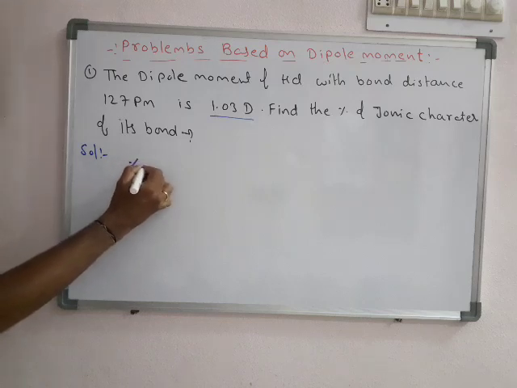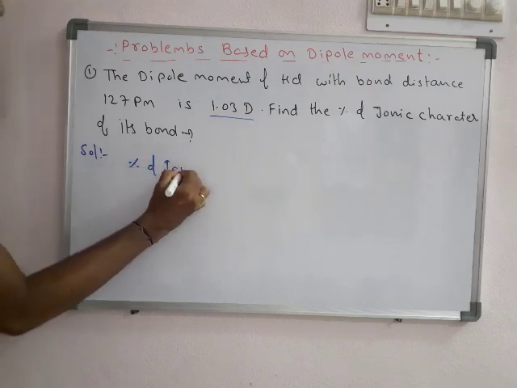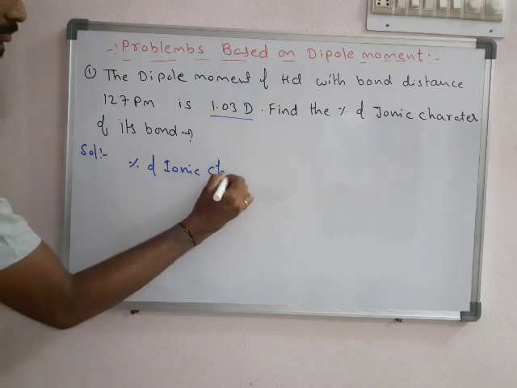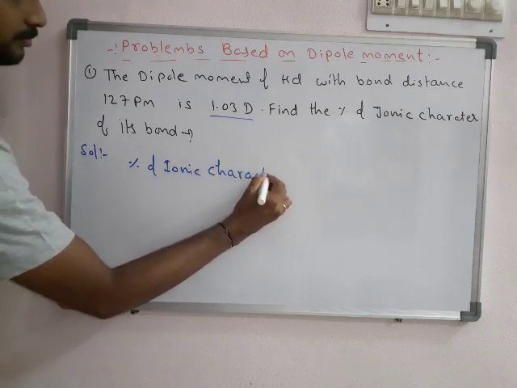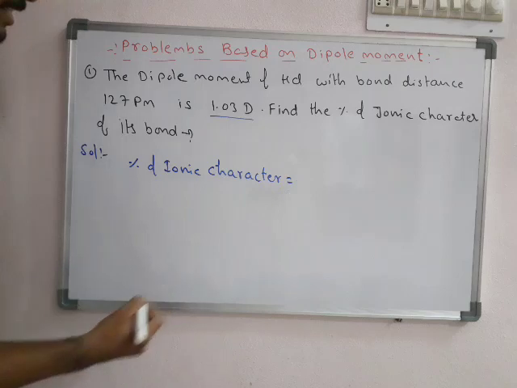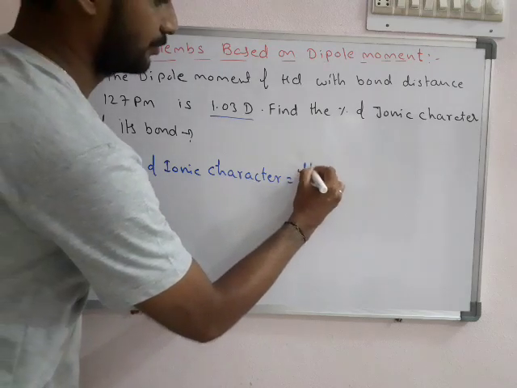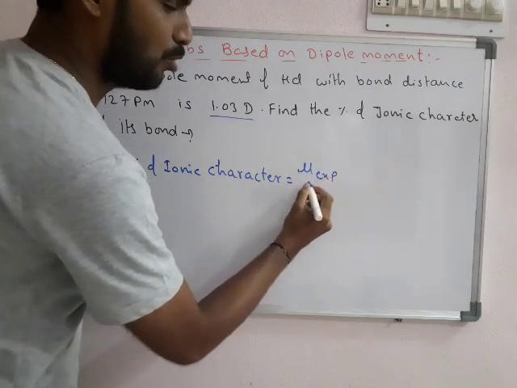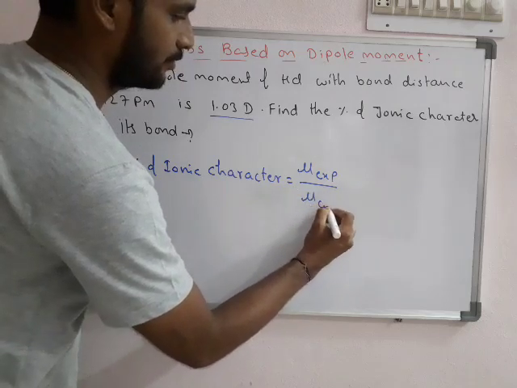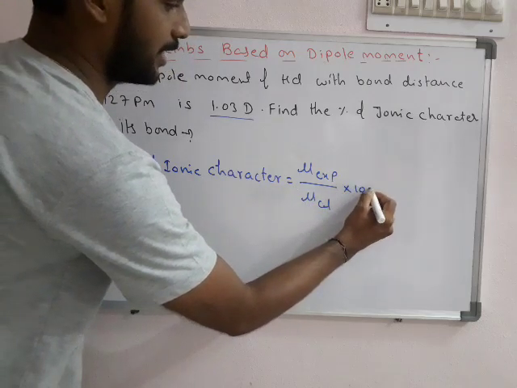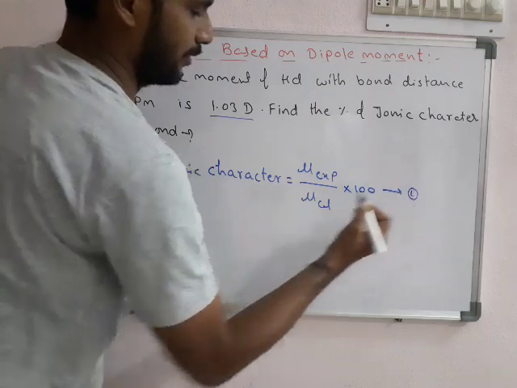The percentage of ionic character equals dipole moment experimental divided by dipole moment calculated, into 100. Say it is equation 1.